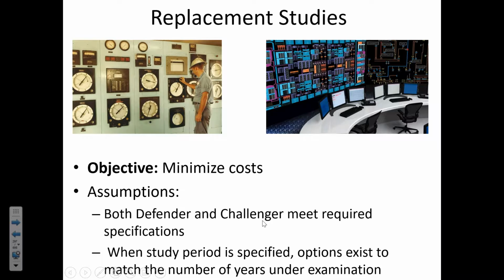And then both the Defender and Challenger will have some sort of data that tells you over time how the market value is declining. And both the Defender and the Challenger will have operating costs associated. They may be different operating costs. It might be the case that the Challenger in part is more attractive because it has a lower operating cost with each passing year.